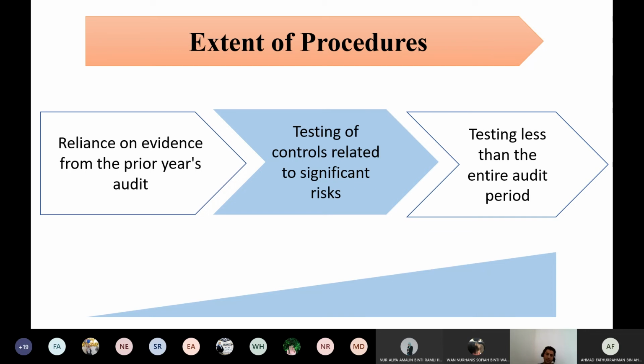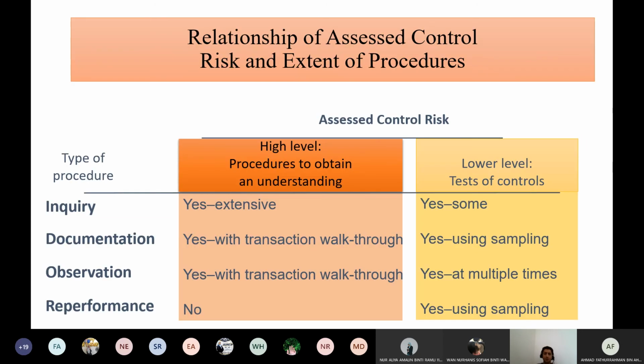So you can see this shows that the test of control volume, or the extent of procedures, is increasing from left to right. Here we have some types of control activity procedures, and we link them to the high level of procedures to obtain an understanding, and on the other side is the low level of test of control.